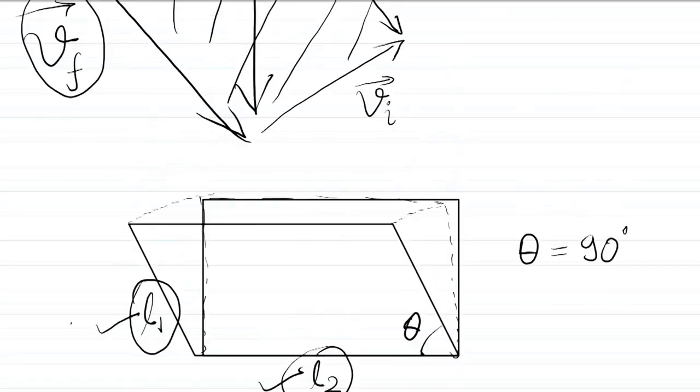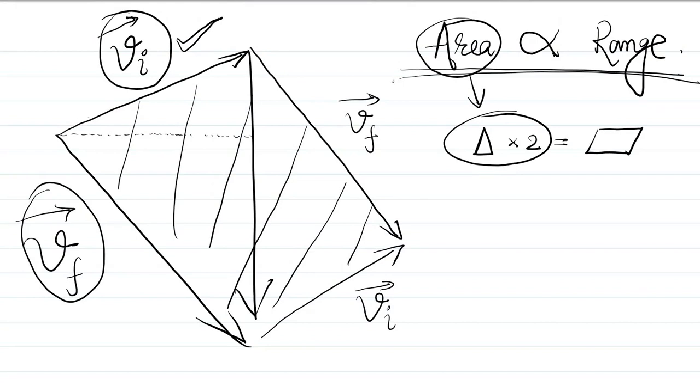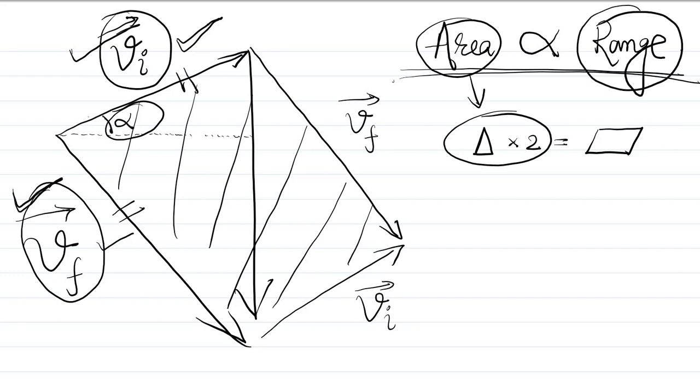Again, using the same concept in our previous analysis, in which initial velocity has fixed magnitude and final velocity had fixed magnitude. Remember that final velocity doesn't depend on the angle of projection alpha. So even if angle of projection alpha is changed, final velocity's magnitude doesn't change. So we need to find for what value of angle alpha the range becomes maximum.